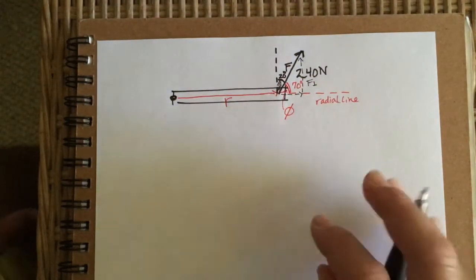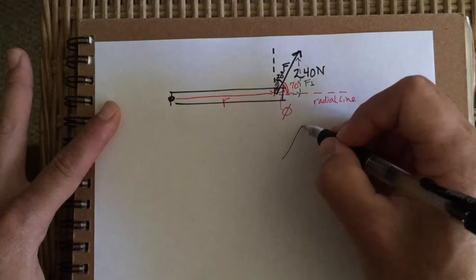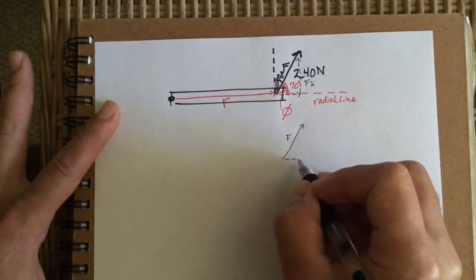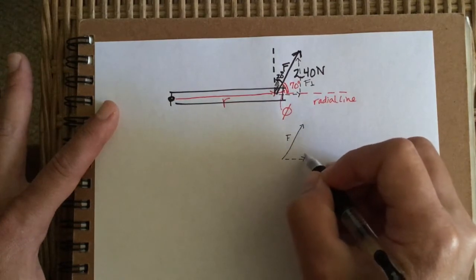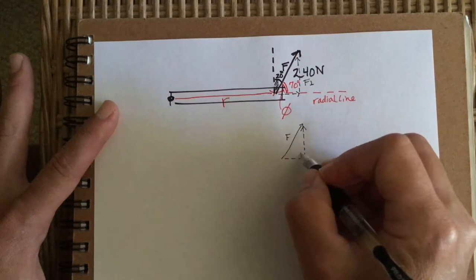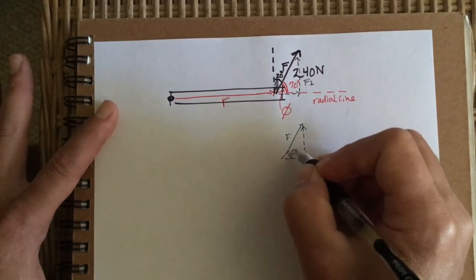So if I redraw this down here, just really quick, this is F. This is 90 degrees. And this is phi.